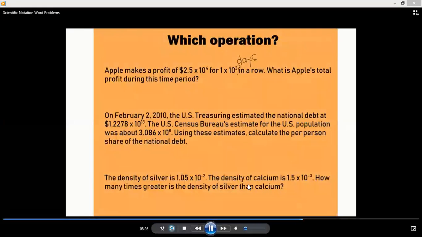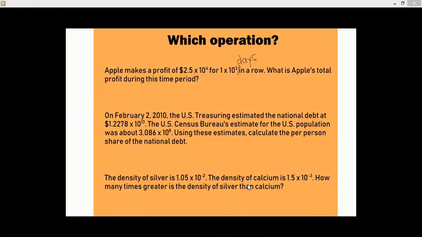Then by the end, we want to decide for each question how you are going to find the answer. Look at the first question. Apple makes a profit of $2.5 times 10 to the power of 4 for 1 times 10 to the power of 3 days in a row.